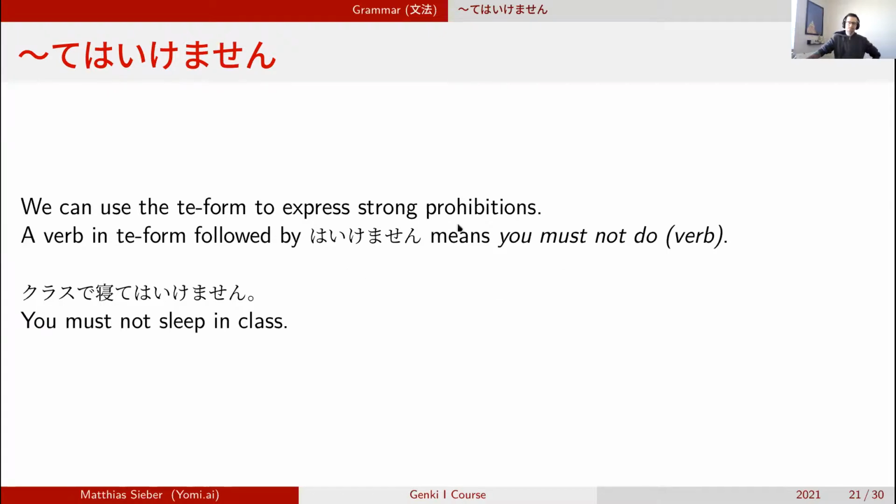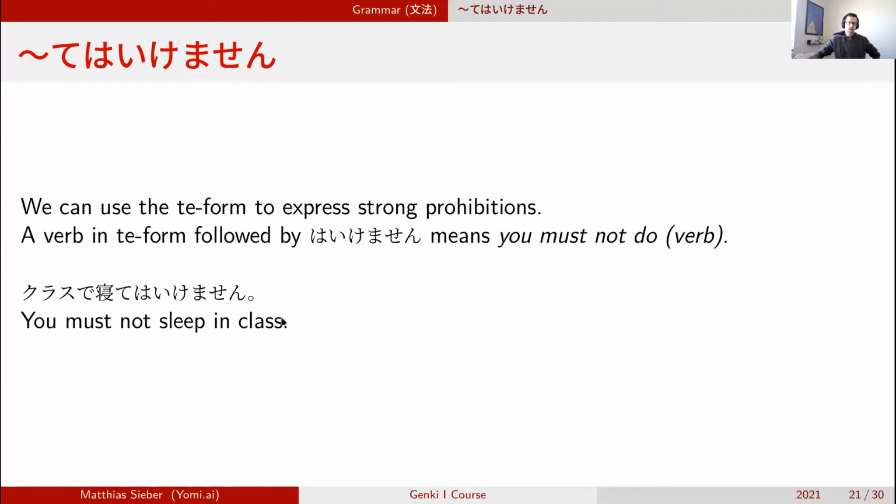It's more natural to say you must not, because it's a prohibition. You're not supposed to do this.